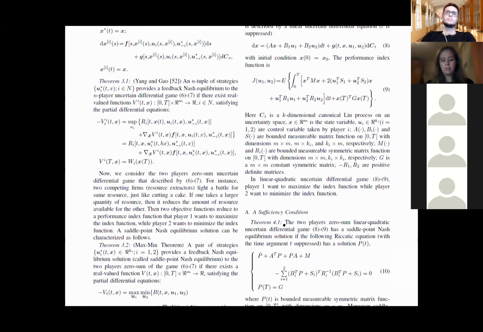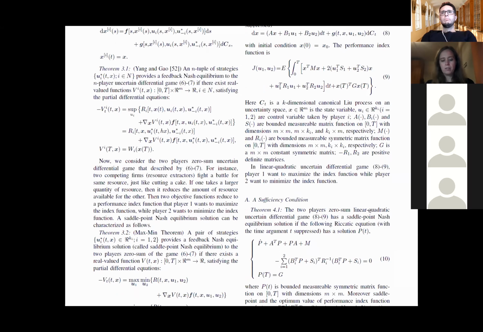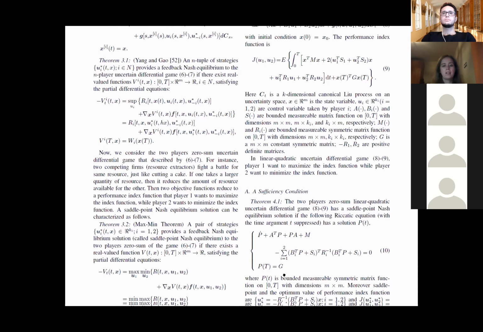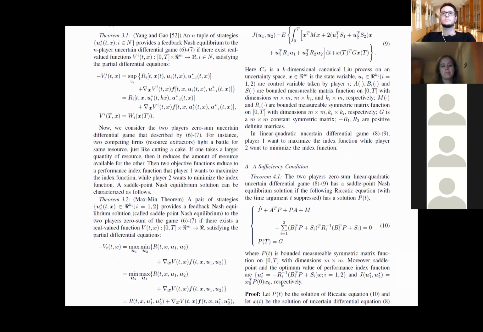This theorem says that the two-player zero-sum linear quadratic uncertain differential game has a saddle point Nash equilibrium solution if the following Riccati equation has a solution. This proof is very interesting.